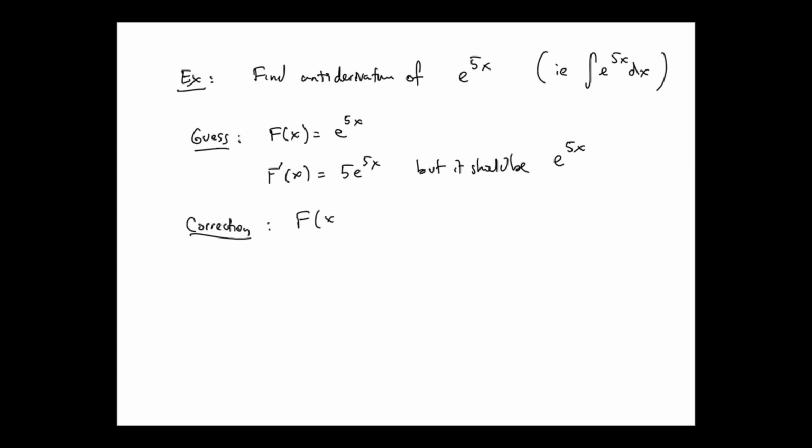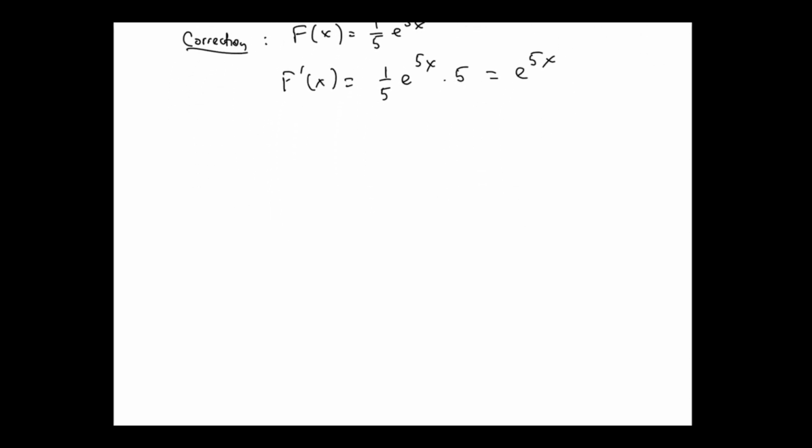So the correction is to say, actually, why don't we do this so that when we take the derivative of it, the fifth cancels the 5 that pops out from the chain rule, and we're good. Now in this case, because we were just sort of off by this 1/5 or 5, the constant business, that's not that big of a deal, and we could do that relatively easily in our heads.